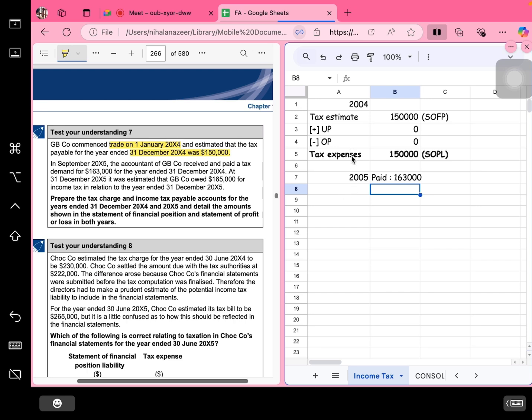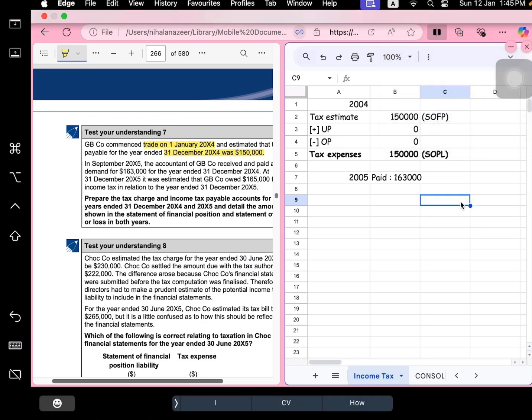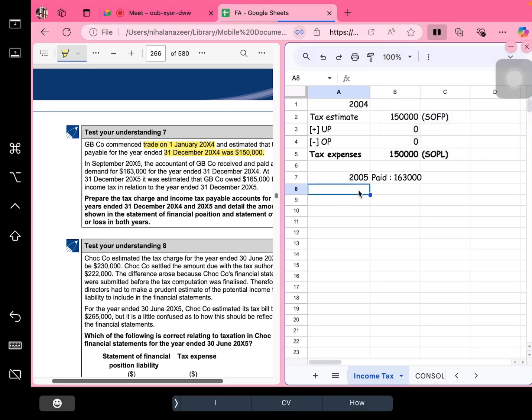So the tax estimate that we did before was how much? 150,000, right? So this becomes the opening balance this year. It's for which year? 150 was estimated.